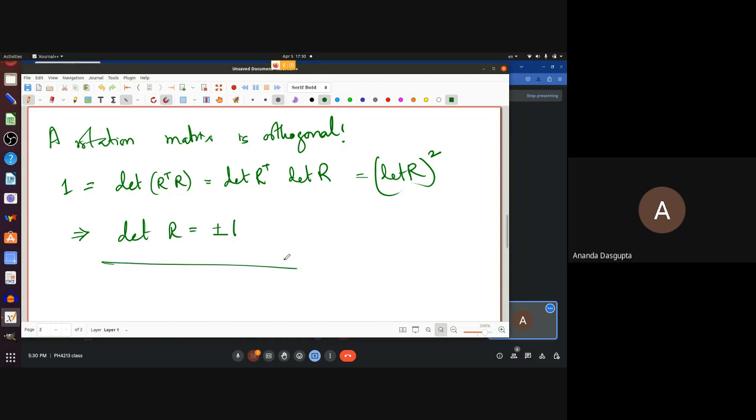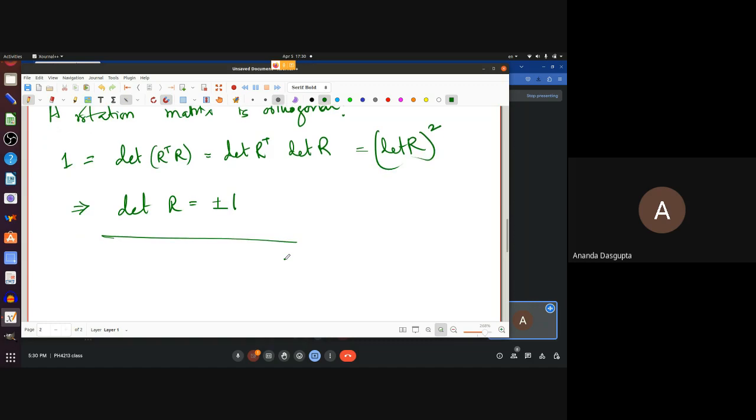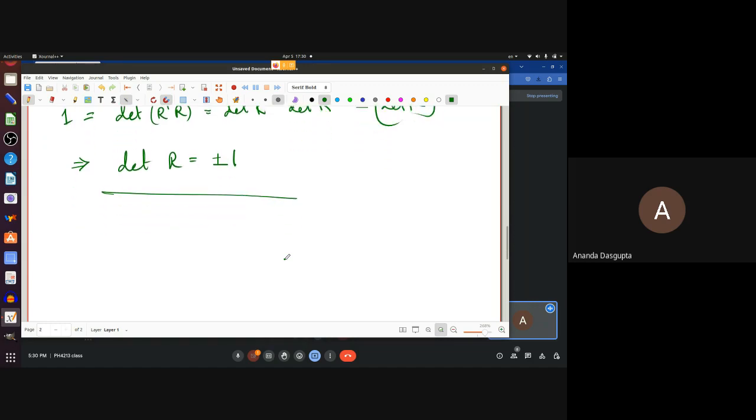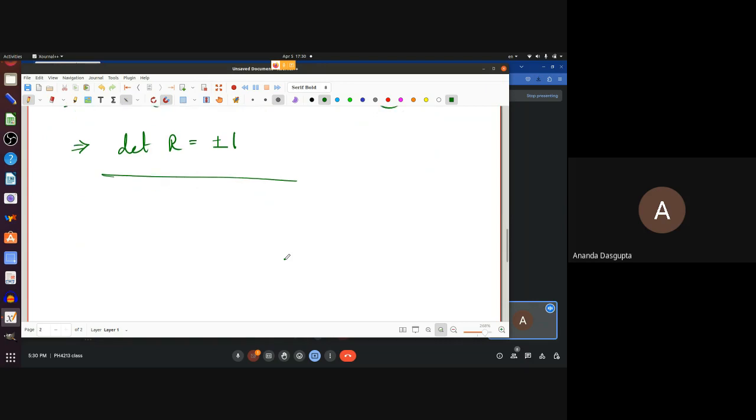So we already knew that an O3 matrix, an orthogonal 3 by 3 matrix, would have a determinant of either +1 or -1. How do you argue that rotation matrices must have a determinant of +1 and not -1? For that, what we did yesterday, or the last day rather, would be useful.